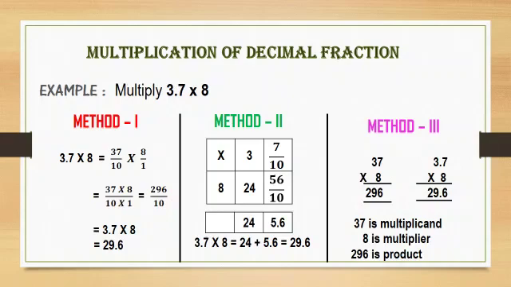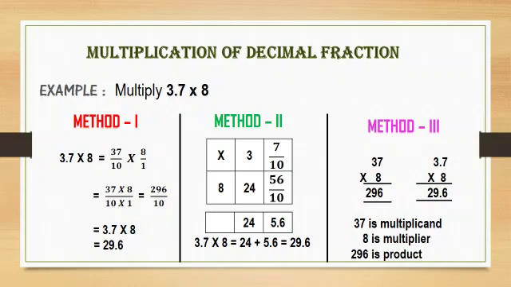So 37 upon 10 multiply 8 upon 1, we get the answer as 296 upon 10. As we all know, if there is one zero in the denominator, we have to place a decimal point before one number counting from right. So now we get the answer as 29.6.